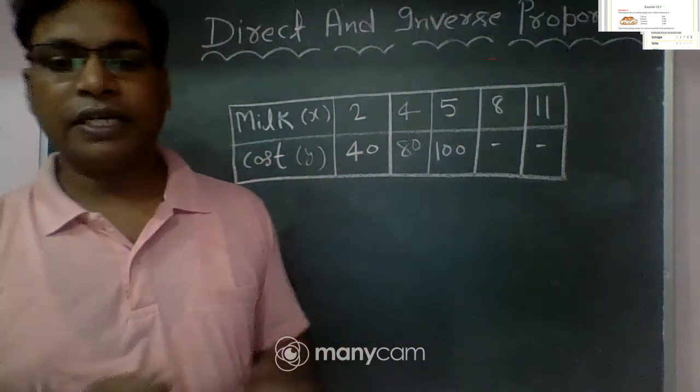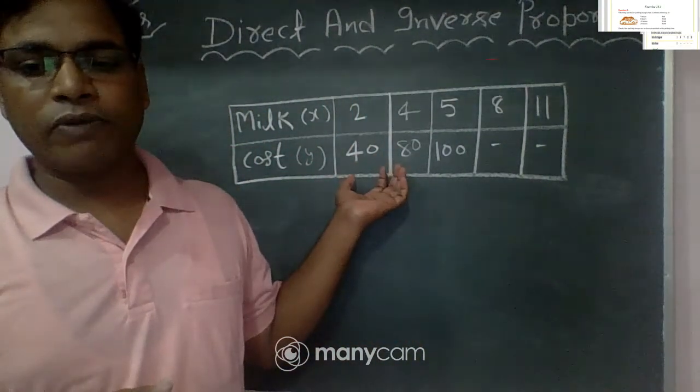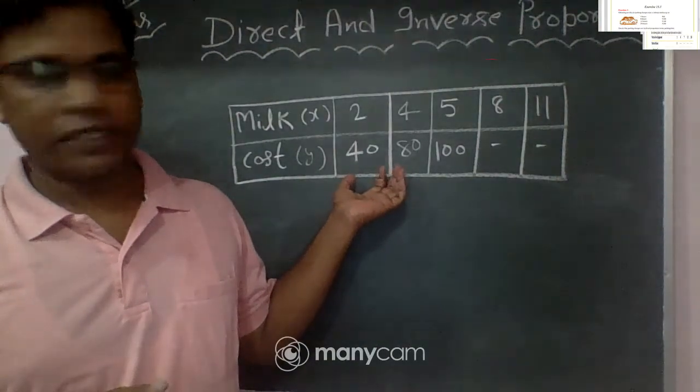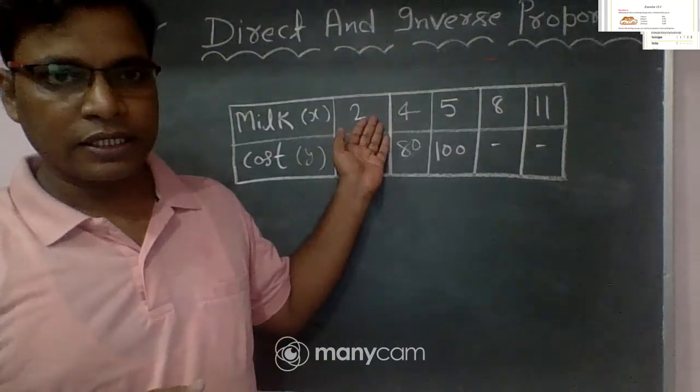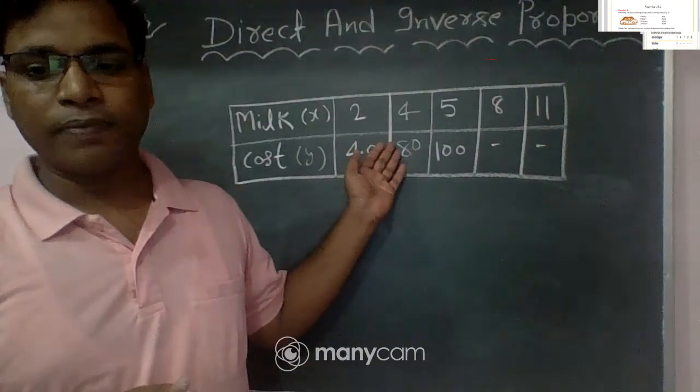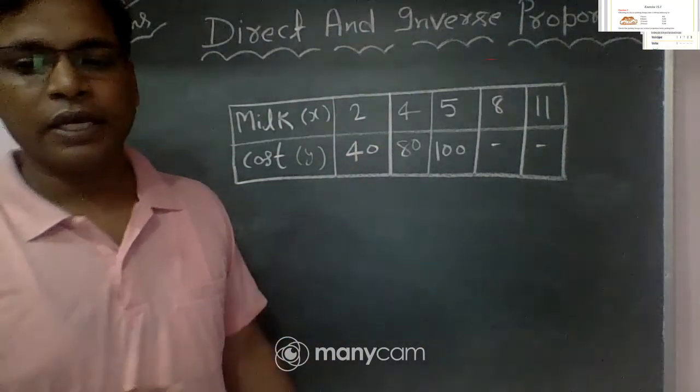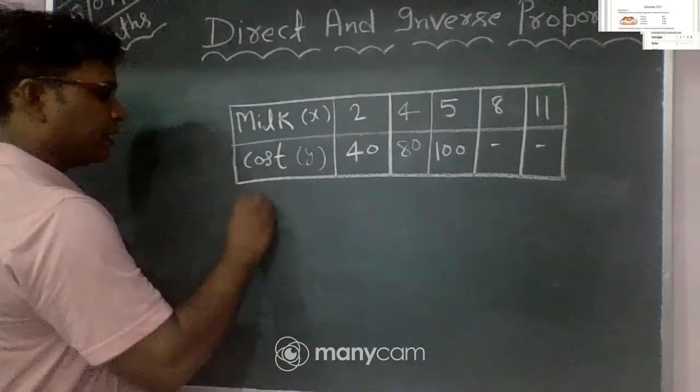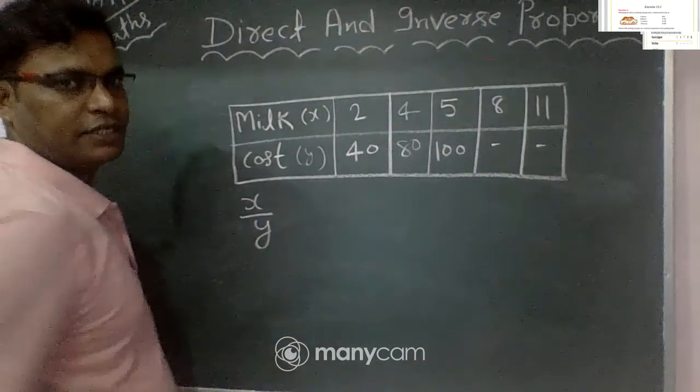Is it clear? We find as x increases, the value of y also increases. If x increases, the value of y also increases. And you can see here x by y is constant.